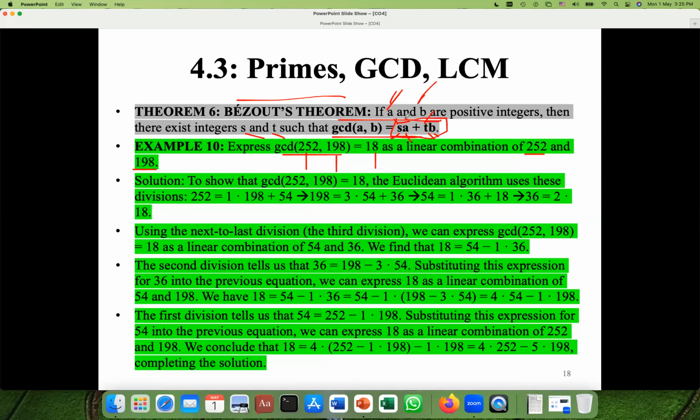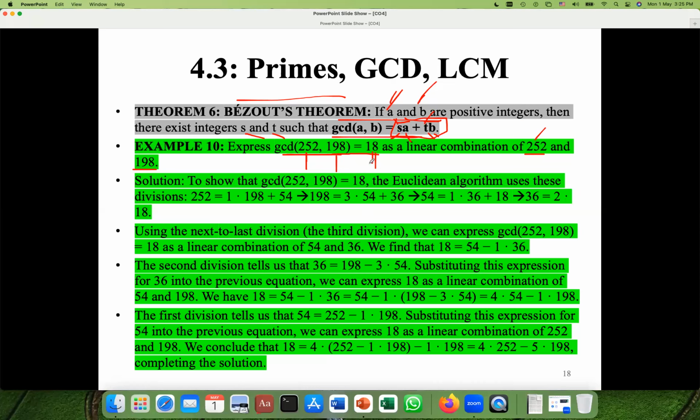When you have something like that, you will again use the Euclidean algorithm. Express that GCD as a linear combination of this a and b. So we will again use it. The GCD of 252 and 198 is 18, so here the GCD, the answer, is given.